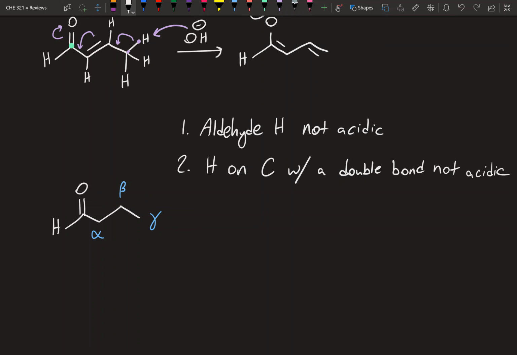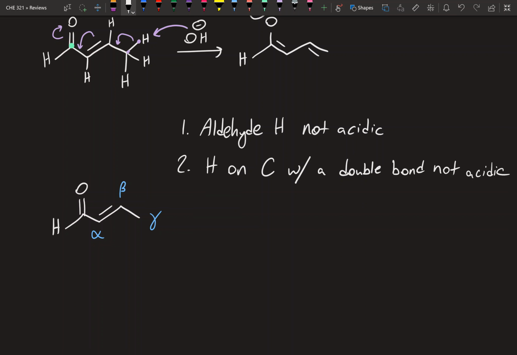So a quick way that we can skip ahead with these is that the alpha carbon is usually acidic, depending on if it has a double bond. If we have this double bond here, it's not going to be acidic. Because again, remember, we'd have the negative charge on a carbon that's double bonded, so that's not great.